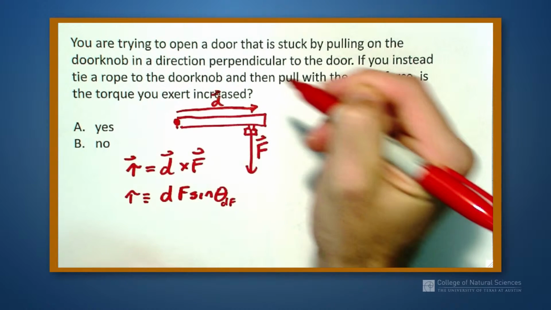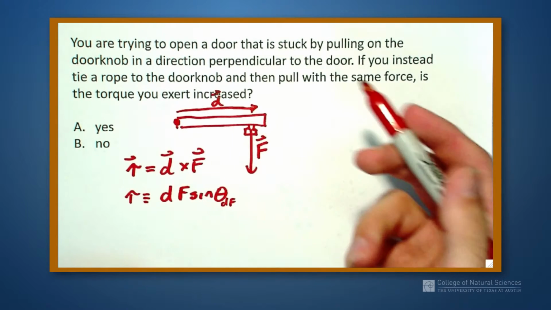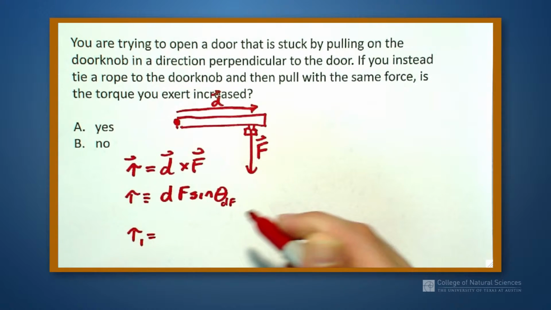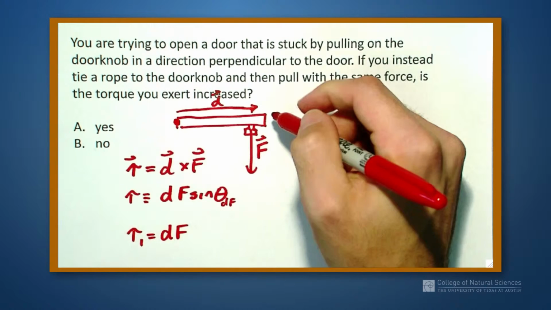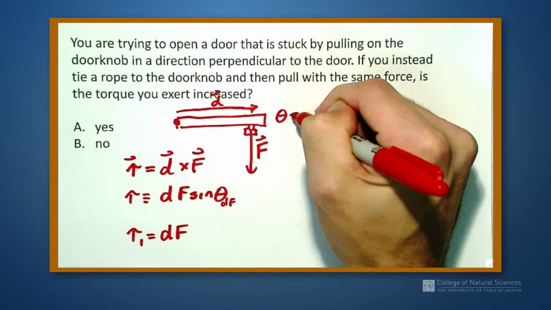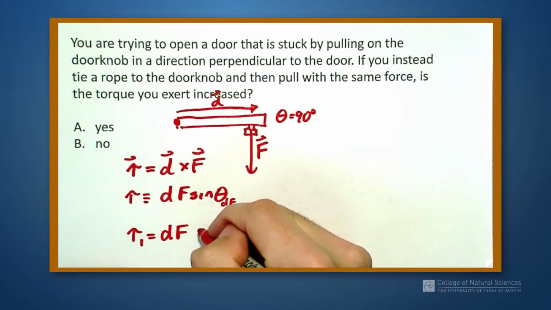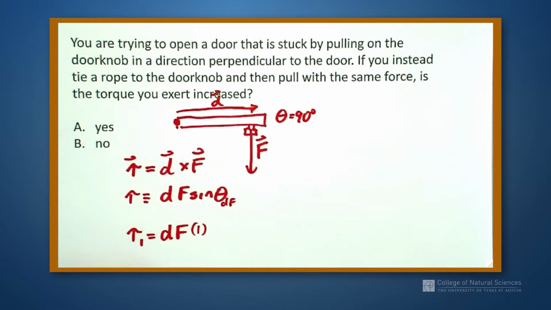So these are vector quantities. For case 1, my torque is just equal to dF, and my angle is 90 degrees, so the sine of my angle is 1. That's pretty simple, pretty straightforward. This is how we normally get a door open.